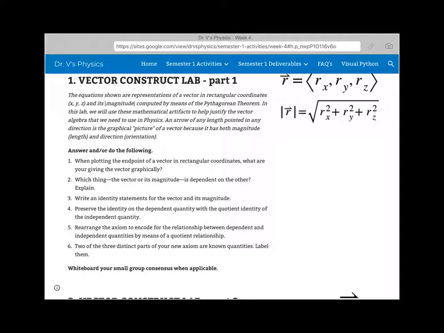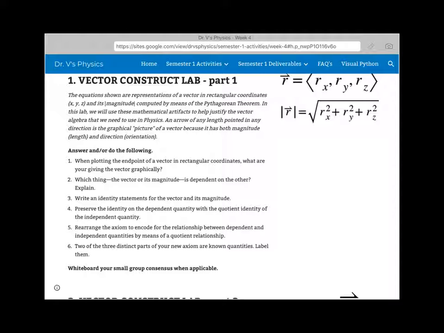Now, I really think, especially in this case, that it's really debatable. I think it's a toss-up, because which one depends on the other depends on the way you're thinking about it. Now, why is this important? Well, often in science, we want to simply make a definition when we know that things are related.